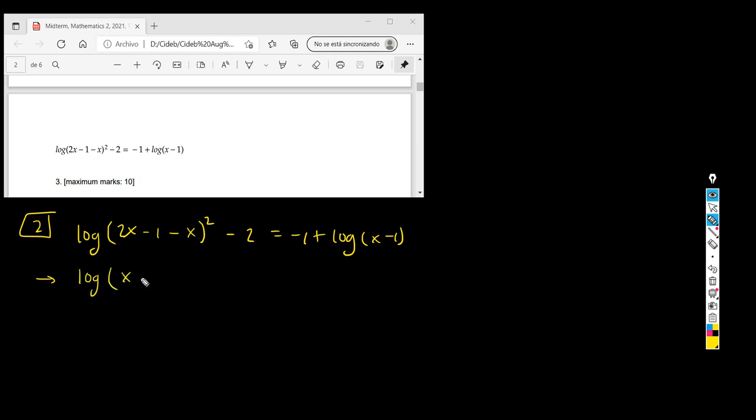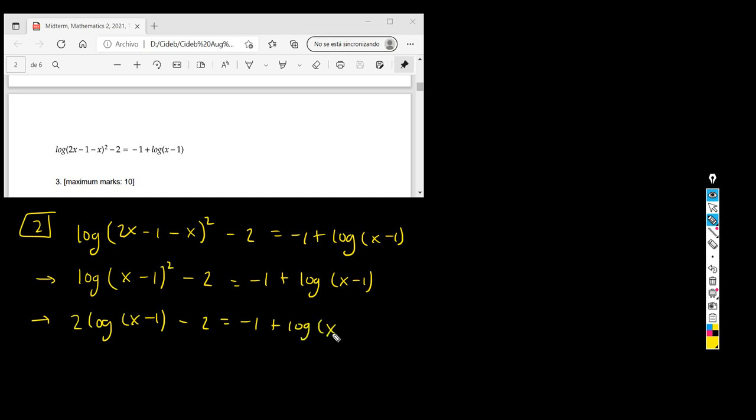2x minus x, that's x, minus 1 to the square, minus 2 equals minus 1 plus logarithm of x minus 1. Then, for the same property that I told you on the previous problem, we can lower this exponent in such a way. Okay, then I'm gonna collect my terms that have a variable.